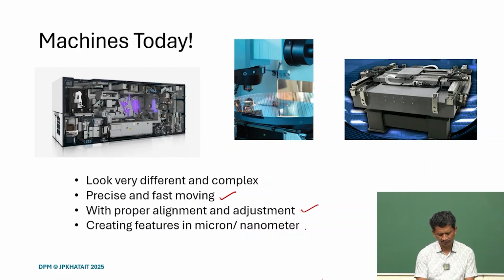And we have enabled creating features in the size of microns or even at the nanometer level, and that's how we are able to get these modern products, modern systems with so many capabilities.